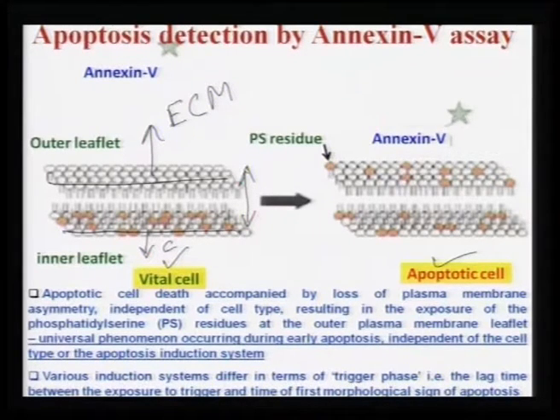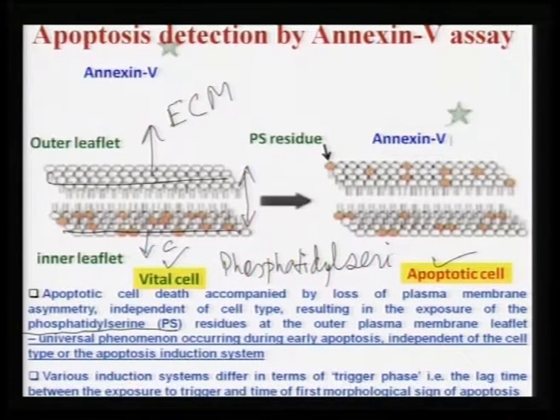Now, in this double layer structure, there are certain molecules known as phosphatidylserine, the PS molecule. These PS molecules appear here as colored molecules in this slide. When it is a live or vital cell, these phosphatidylserine molecules are exposed to the cytoplasm, the bottom side or inner leaflet.